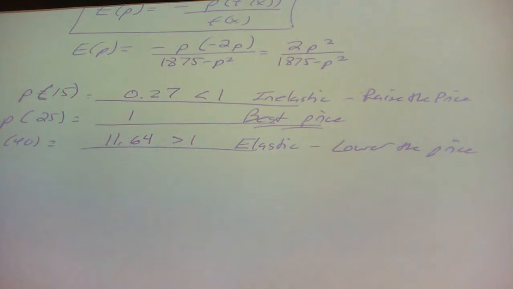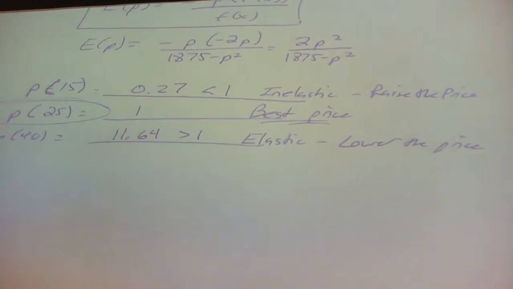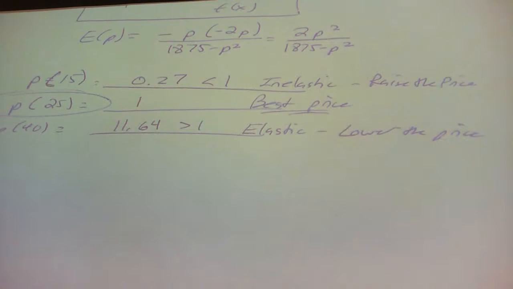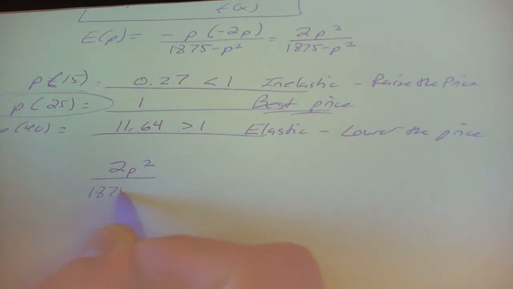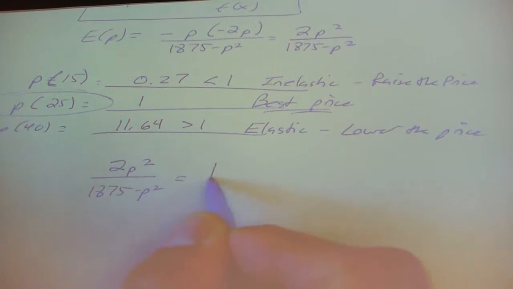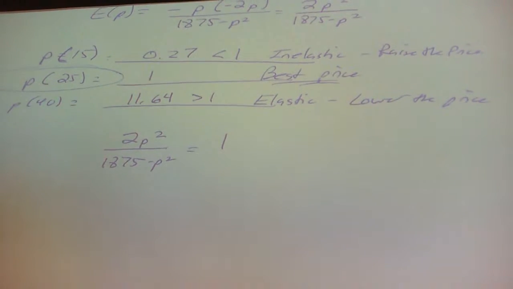Are we okay? Now, I want you to get 25 on your own. How can you figure out 25? Not being handed it, not being told to plug in 25. How can you solve for 25? How could you have found the best price right off the bat? What do you do? Set the equation equal to 1 and solve for P. And you already know it's 25, so that should help you with your algebra.